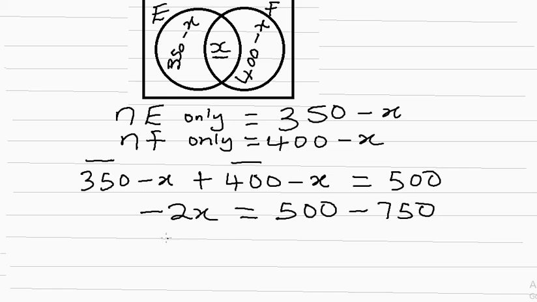So minus 2X is going to be equal to 500 minus 750. That should give me 250 if I'm not mistaken.